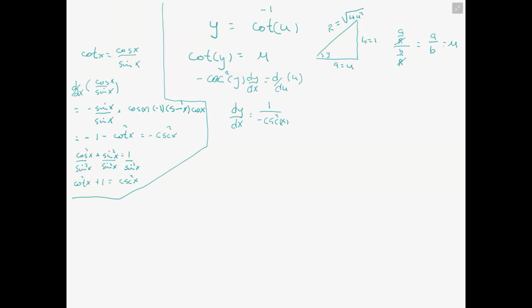And cosecant squared of y equals 1 plus u squared, because it's r over b.